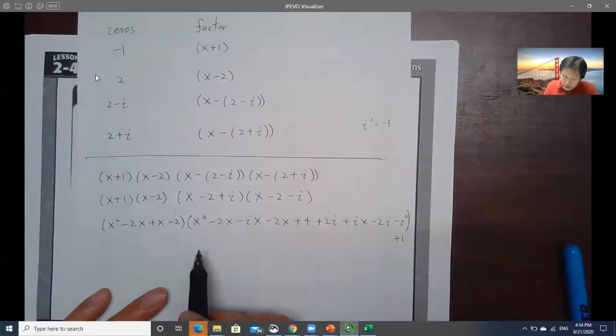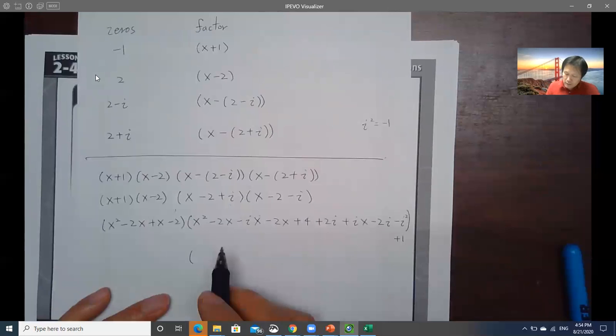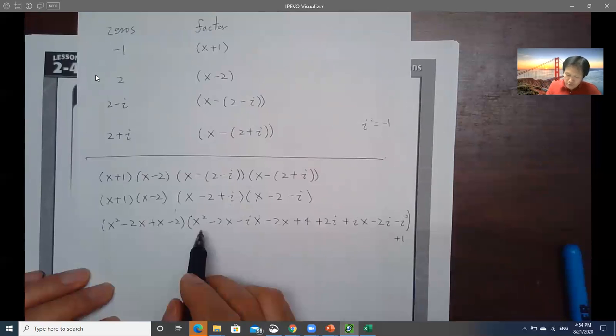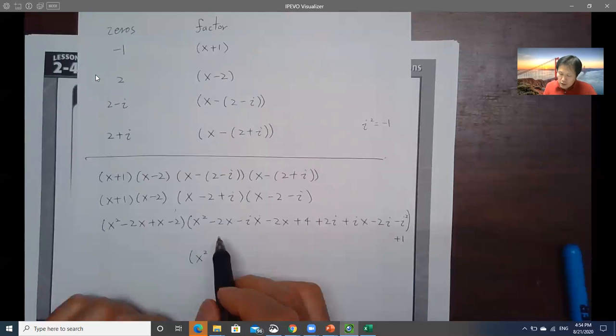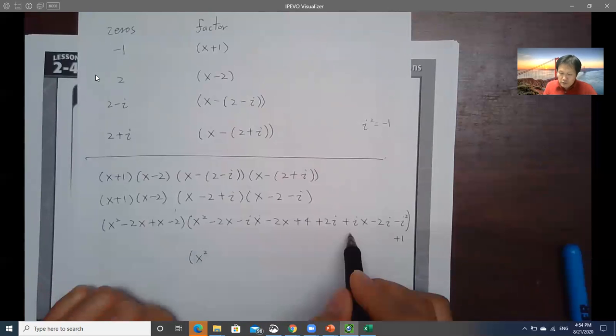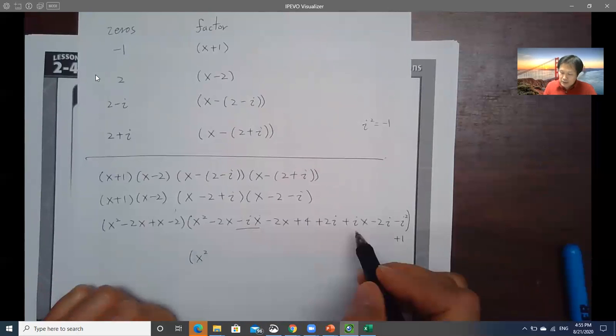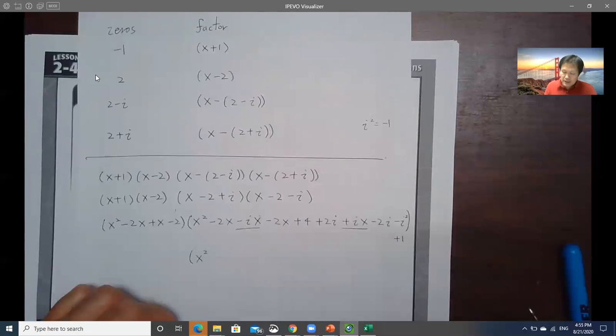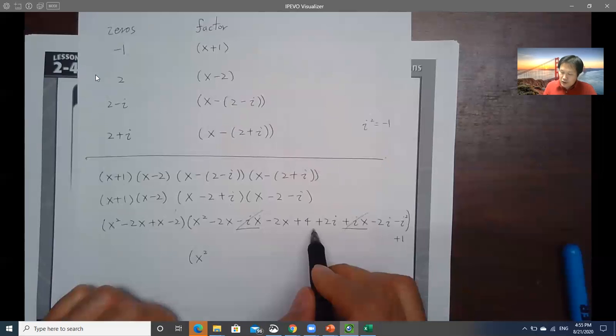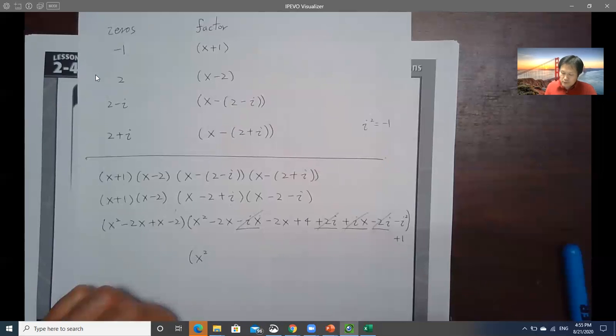If you look at this, x squared is x squared. Do you see here, minus ix plus ix cancel out? You have a plus 2i and minus 2i that cancel out.